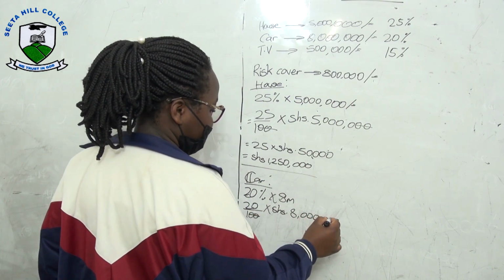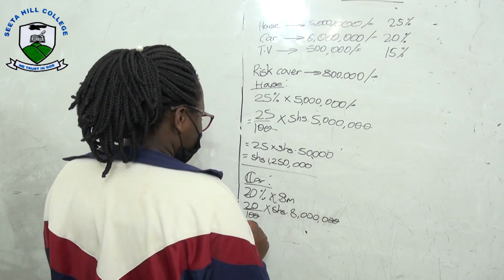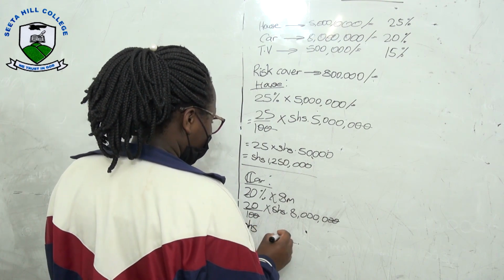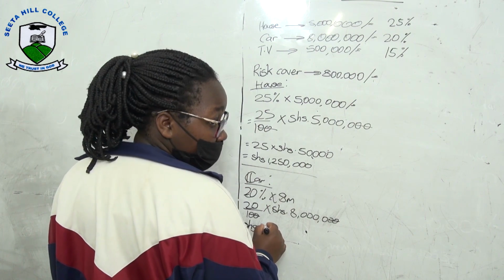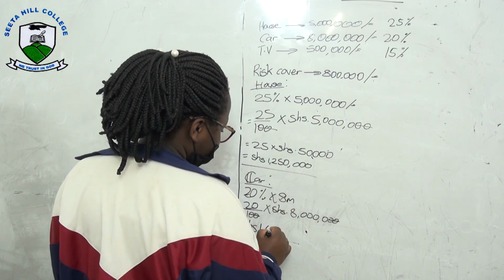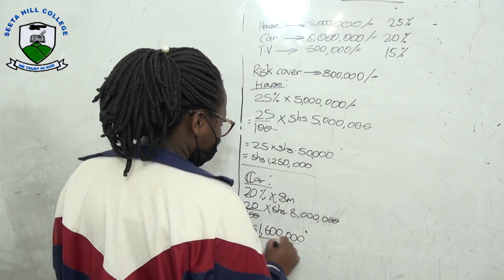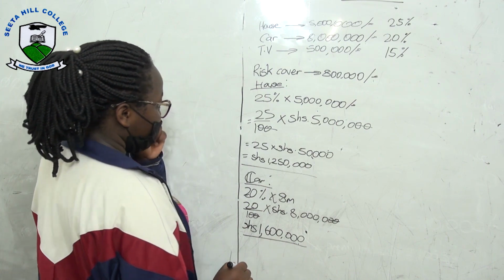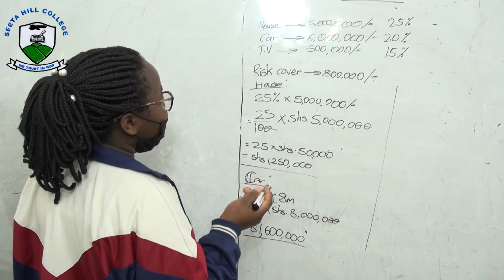The 2 zeros and the 2 zeros. So we shall have 20. 1 million. Give her the answers. So we got to those for the other assets.